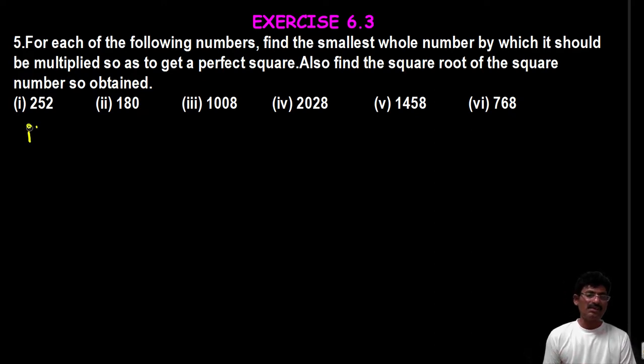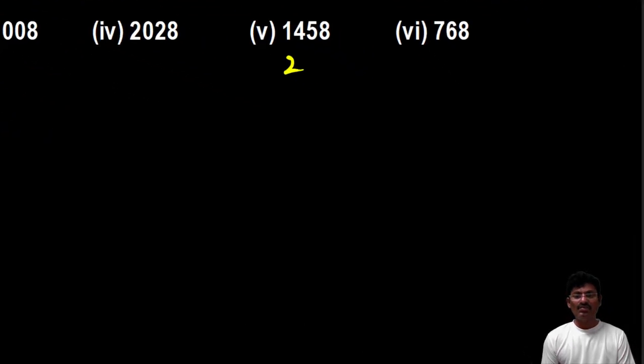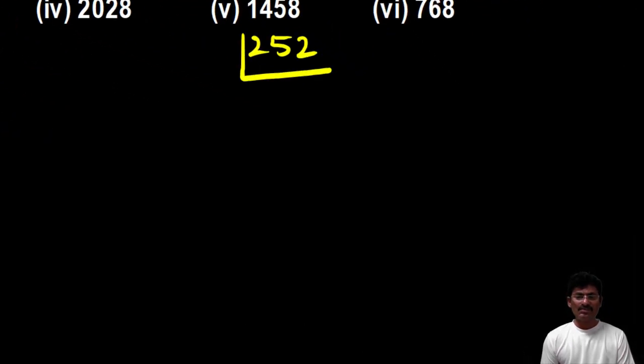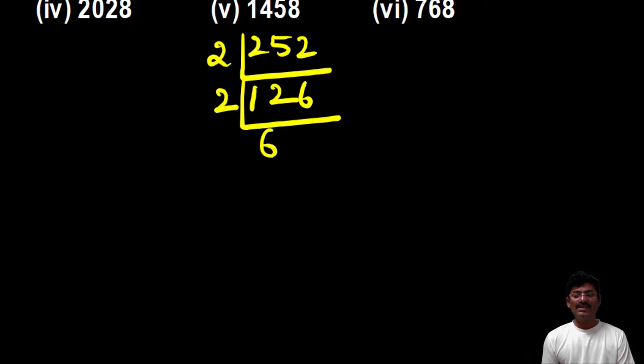The first problem is 252. Let us first resolve this into factors. 252, start with 2. 2 times 126 is 252. Then 126 is 2 times 63.